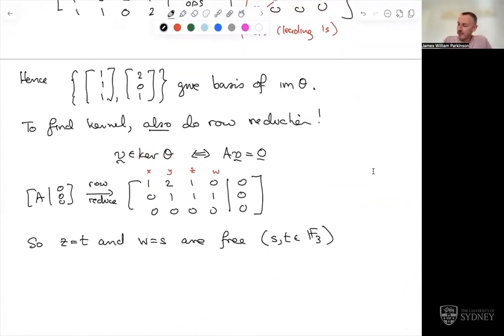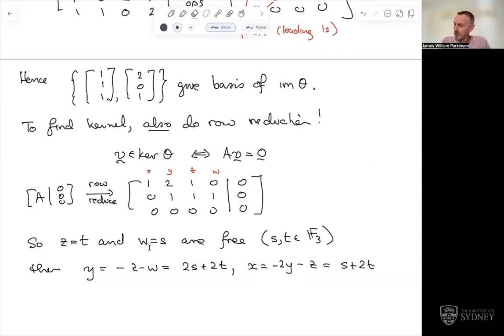And then y can be computed in terms of those. That's minus z minus w, so that's 2s plus 2t. And x equals minus 2y minus z, which is, I think when I worked it out earlier, it was s plus 2t. So let's just say that. Sorry, t plus 2s.